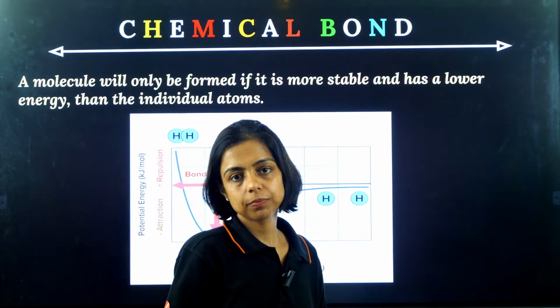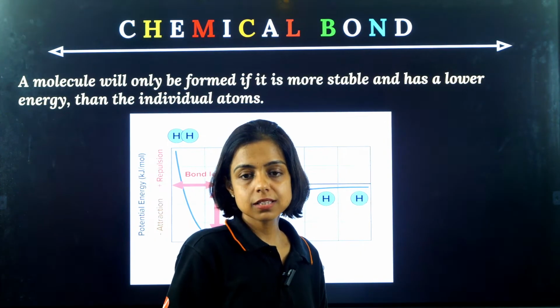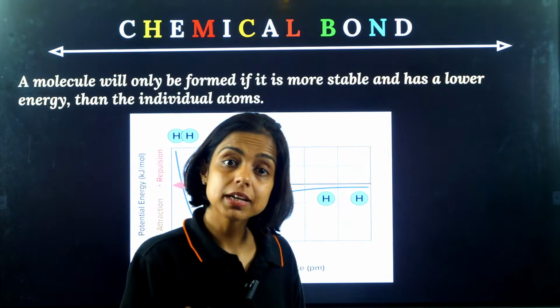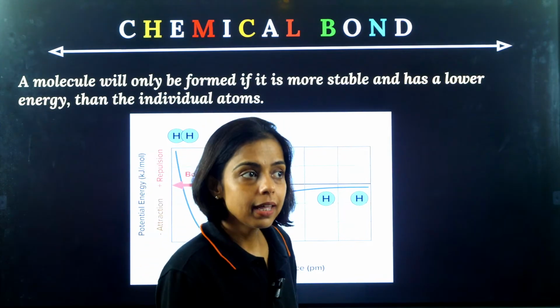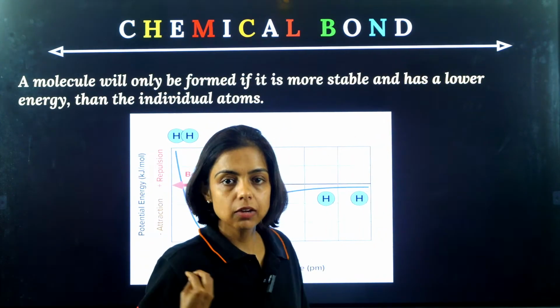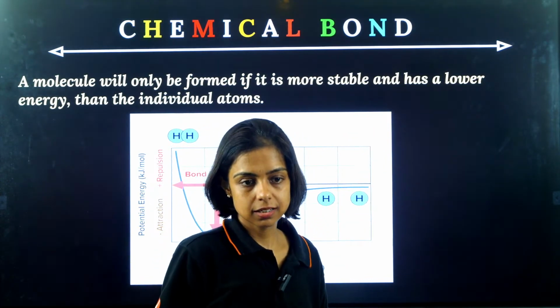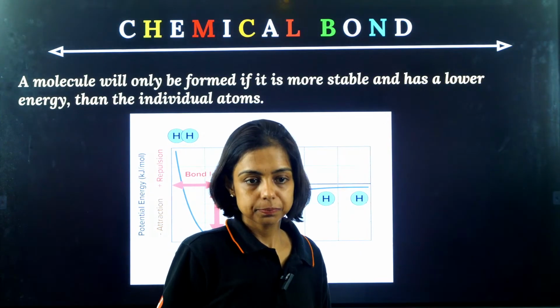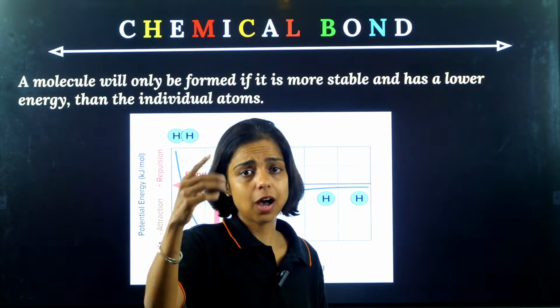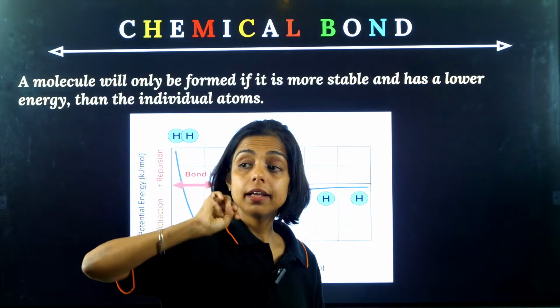So that is why an atom makes a bond to become more stable by releasing energy, by making its energy decrease. So this is the first way it attains stability, by releasing energy.